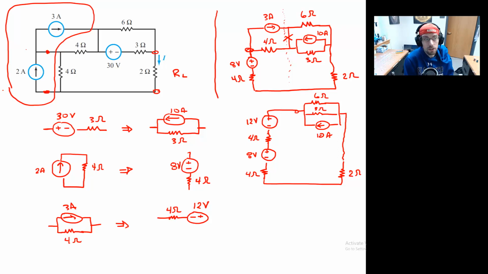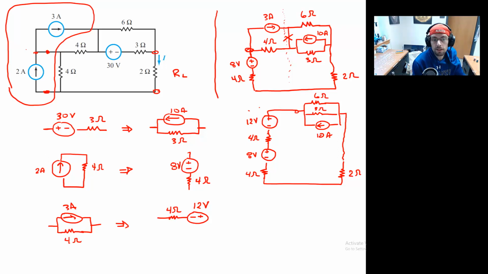Especially because there's some junction, there's some node right here that siphons some of the current down that line. So it's unclear how we might be able to combine those. But after some source transformations, we have now decreased, if you will, the number of essential nodes in our model.